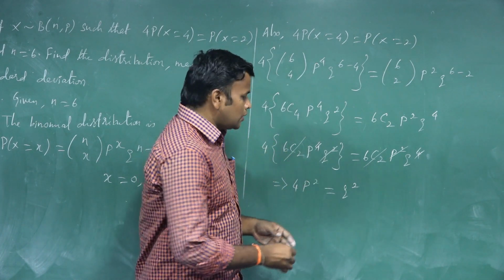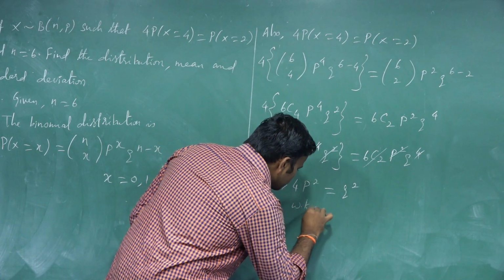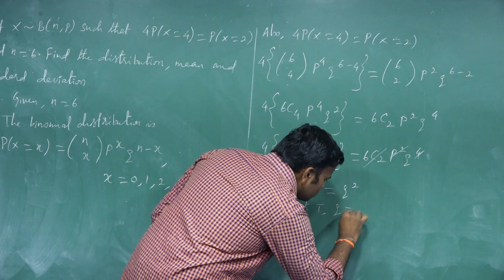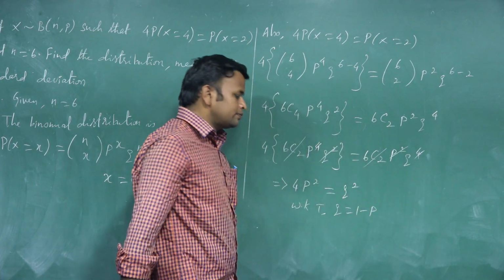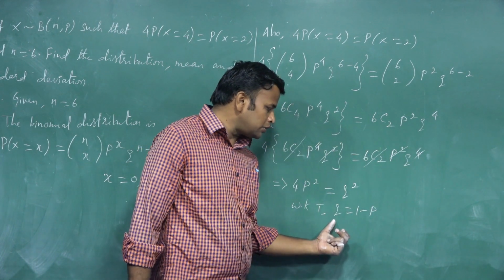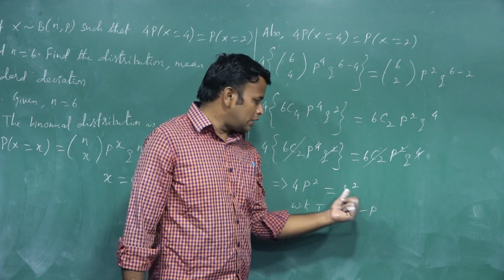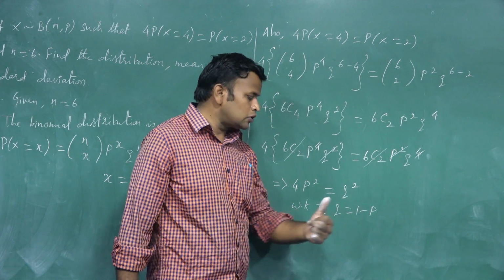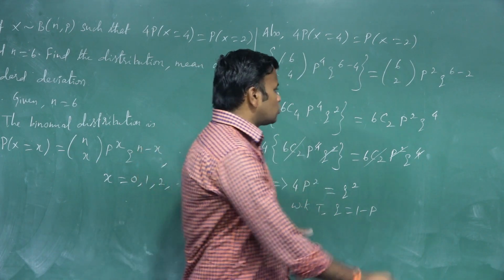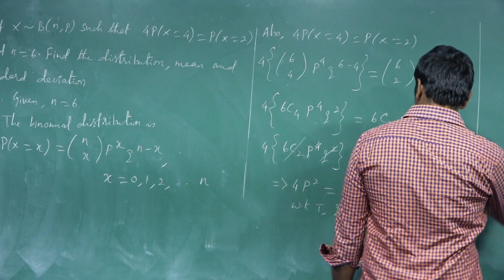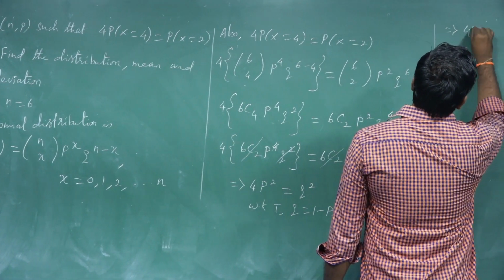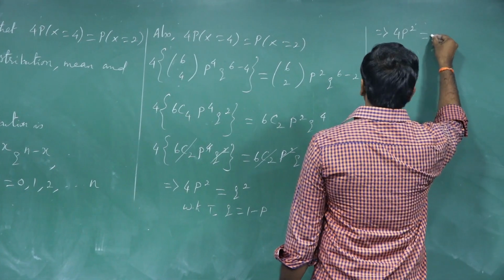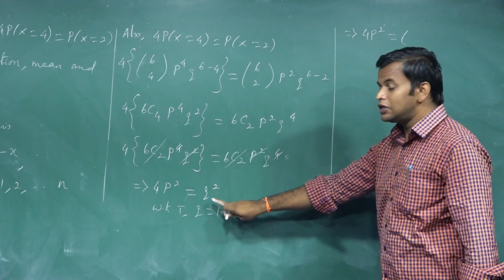It is your choice whether we use the value of p or q. Now, to find the value of p, I use the formula q is 1 minus p. So whenever q is there, I replace q with 1 minus p. So 4p square is equal to q square.